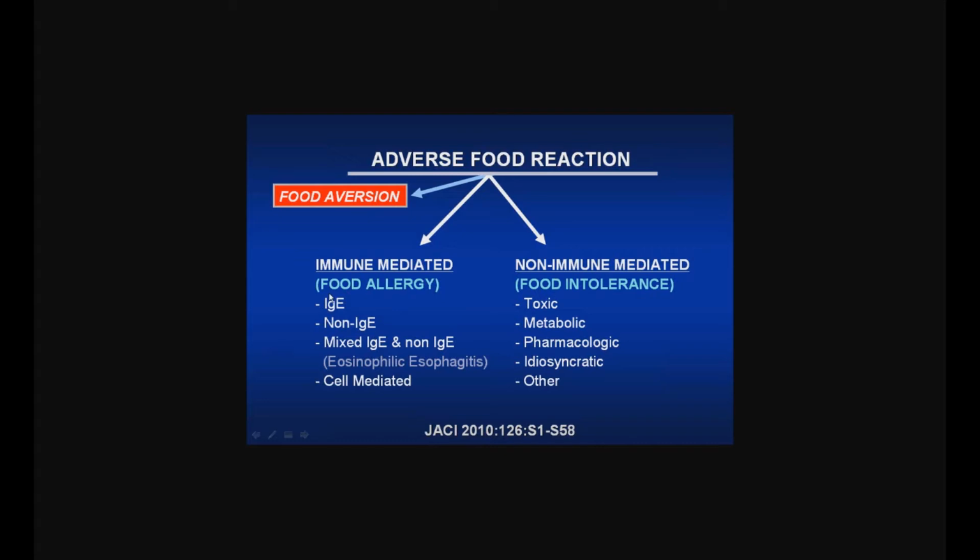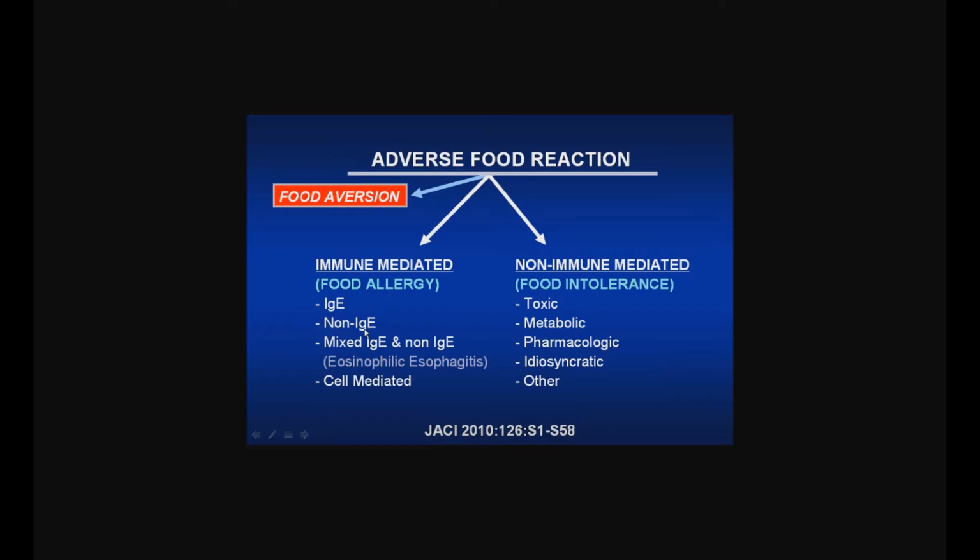For example, IgE is the allergy antibody. So children or adults who are allergic to peanuts have an allergy antibody, IgE antibody, directed against peanut. And the reason that's important is these patients have a positive skin test. If you make IgE antibody to a food, you have a positive skin test to that food. But there are also non-IgE mediated mechanisms.